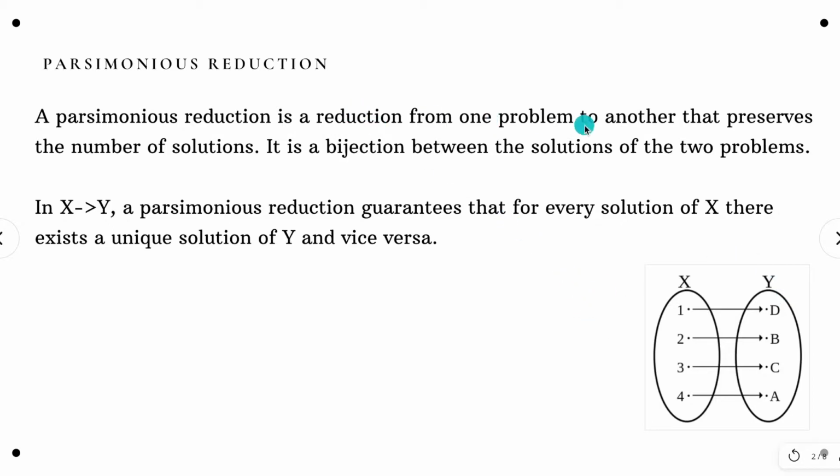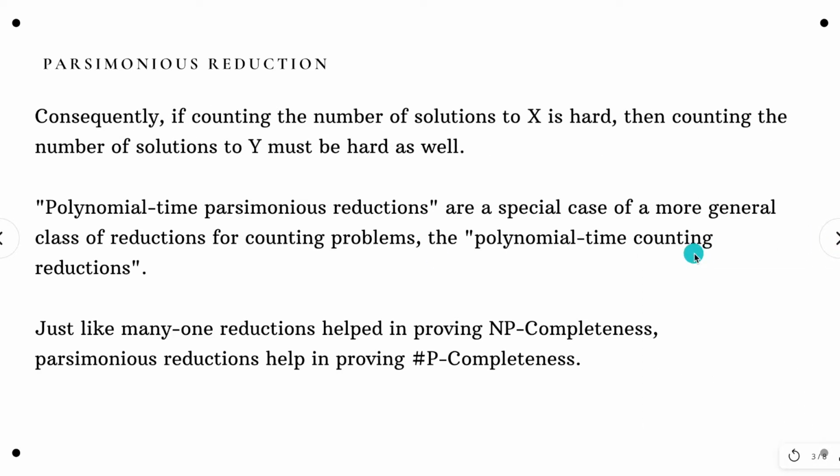So that is the meaning of preserving the number of solutions. Consequently, if counting the number of solutions to x is hard, then counting the number of solutions to y must be hard as well, because y is at least as hard as x.